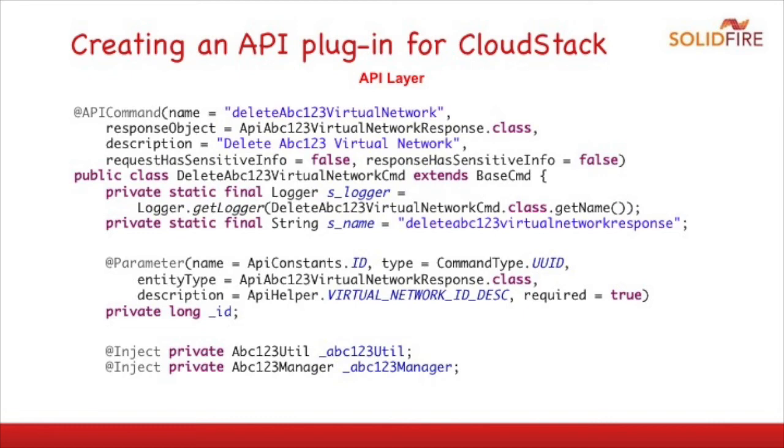CloudStack is smart enough to realize that if the parameter type is of UUID and you pass in a long, it doesn't match the format of a UUID, it will go and look that up in the database for you, and well, actually, it'll leave it as a long in this case. If you pass in the UUID, it does the reverse. It looks it up in the database for you, and it puts in the long value.